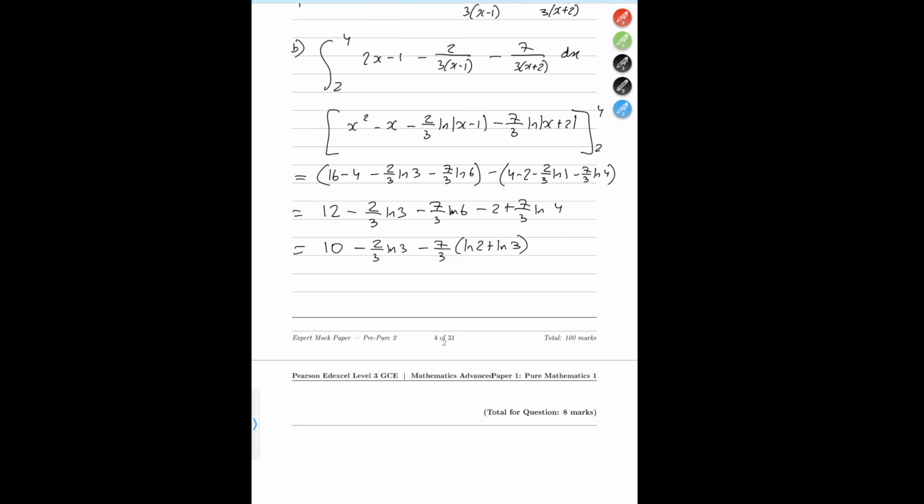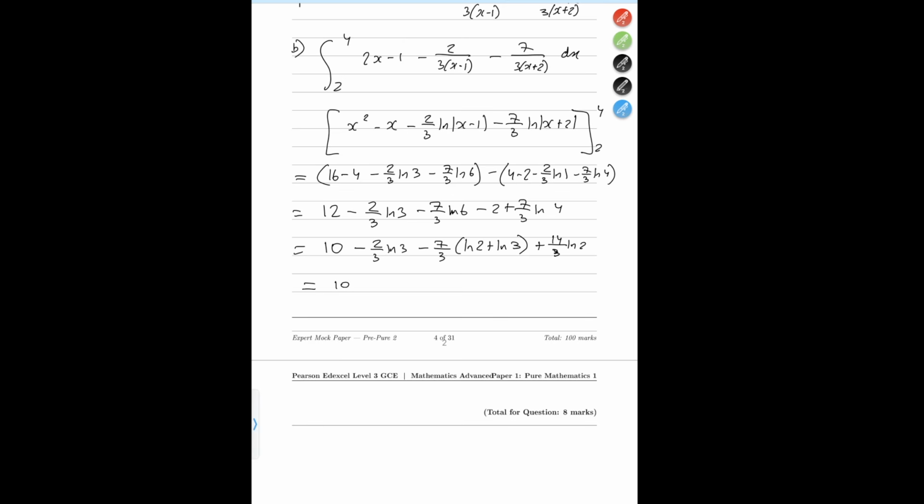And obviously, if the base is the same, the addition is essentially a multiplication of 2 and 3 here. Then plus 14 over 3 ln of 2, because ln of 4 is ln of 2 squared, which is the same as 2 ln of 2. So I've just multiplied that by 2 to make that a little bit more clear here.